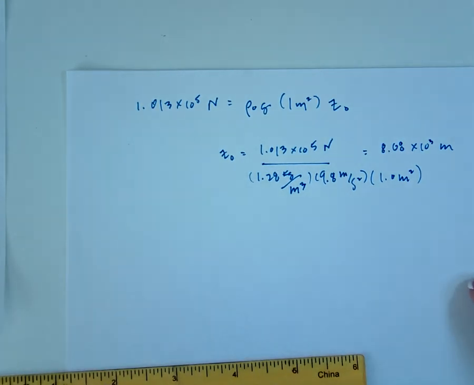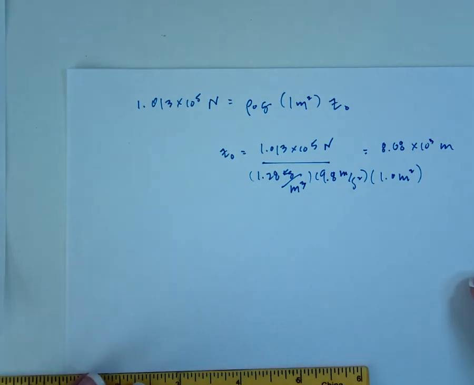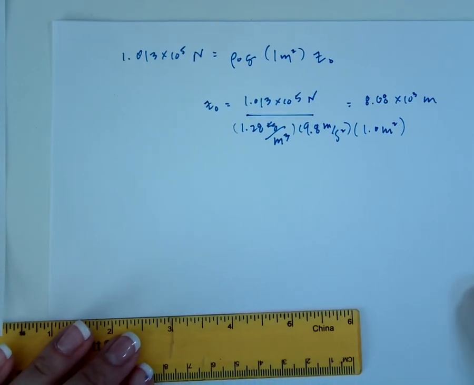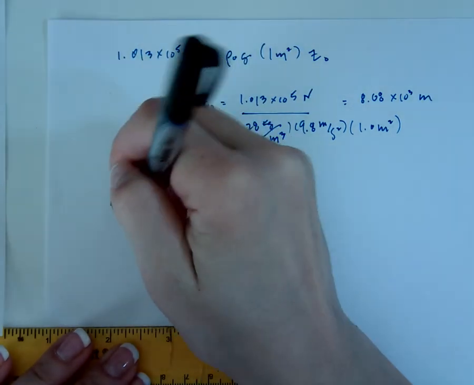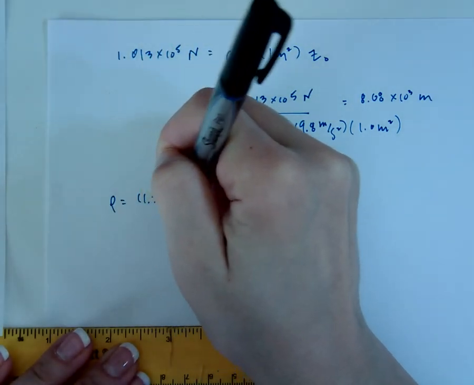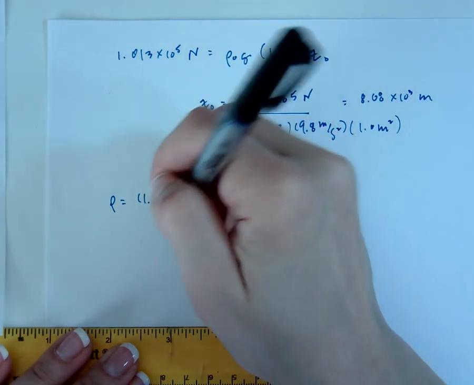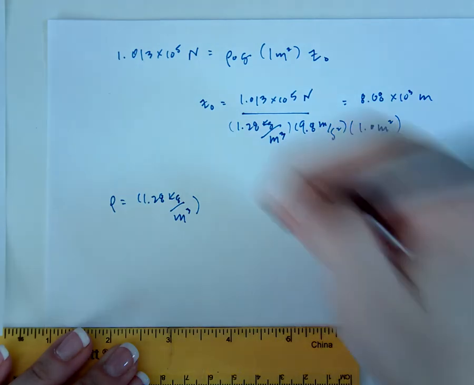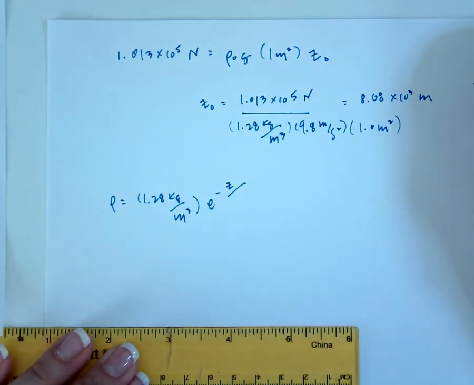So now we want to solve for the density of air in Denver at an elevation of 1,600 meters. Go back to our original function and plug in what we know. So rho is equal to rho naught, 1.28 kilograms per cubic meter, and then we have e to the minus z over z naught.